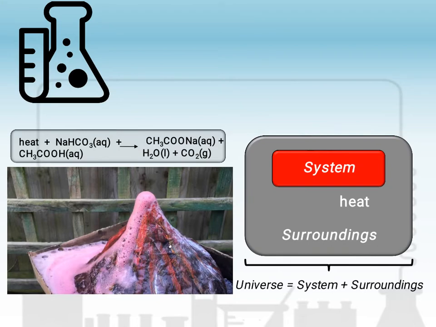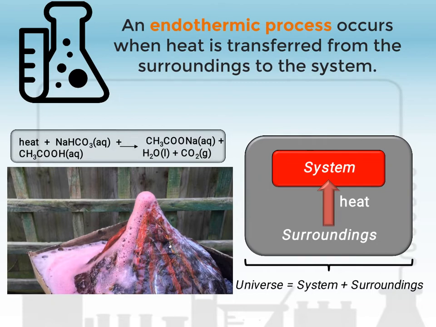Kapag meron tayong mga feels cold reaction, the heat is added to the reactant side and ito yung mga tinatawag natin na endothermic reactions. An endothermic process occurs when heat is transferred from the surroundings into the system. So, dumadagdag yung heat ng system na ino-observe natin.